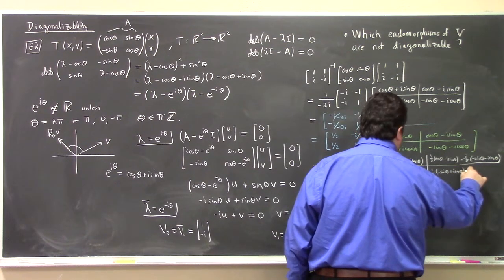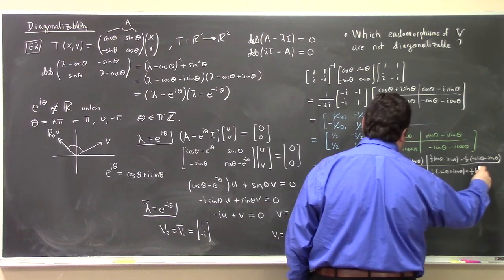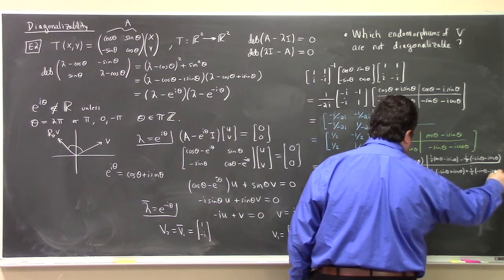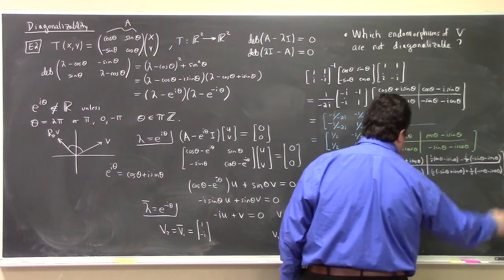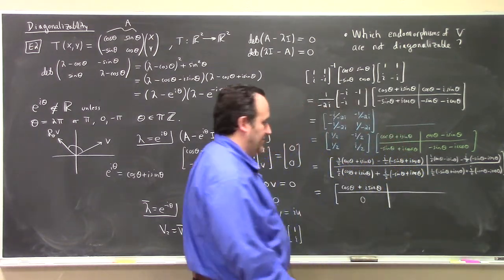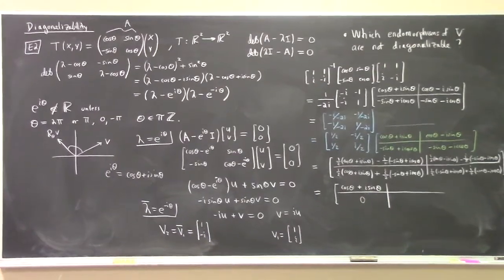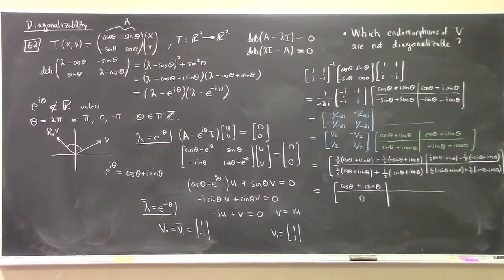Or is it sine theta minus cosine? Yeah. I don't know without looking. It's one of those two. It's probably too small to see now. Let me zoom in. So sine theta minus I sine theta.